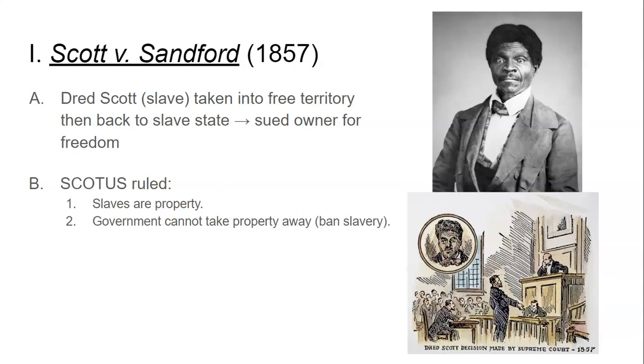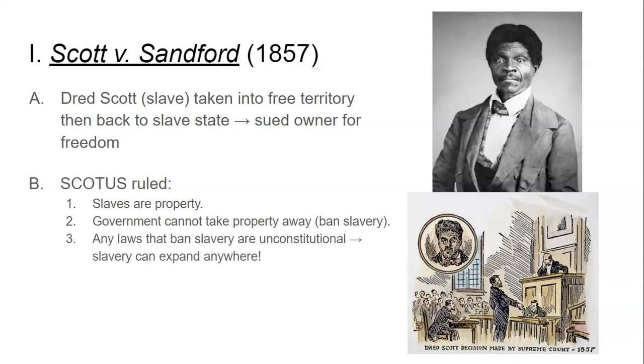And so, because of that, if slaves are property, the government technically can't ban slavery. And so it goes further, and the Supreme Court says, all right, so any laws that ban slavery are technically unconstitutional because that's the government taking away private property from the citizens. Thus, slavery can expand anywhere, even into areas that have already declared themselves to be free of slavery.